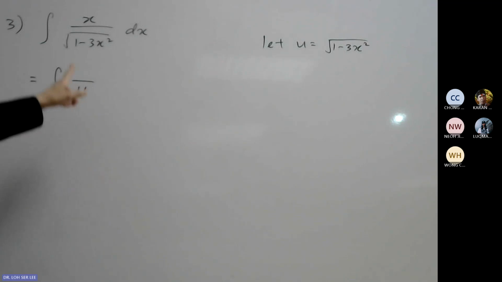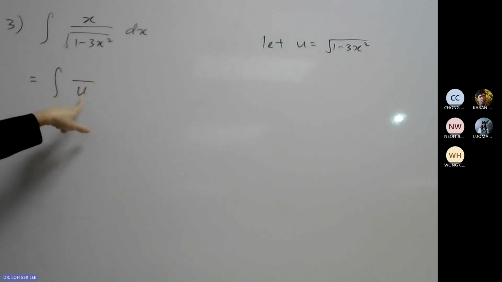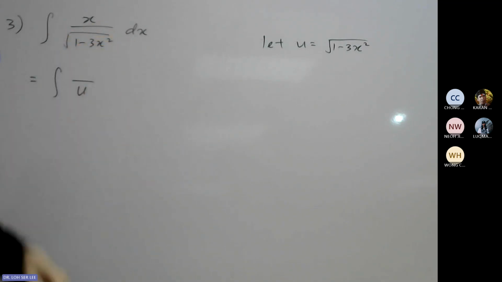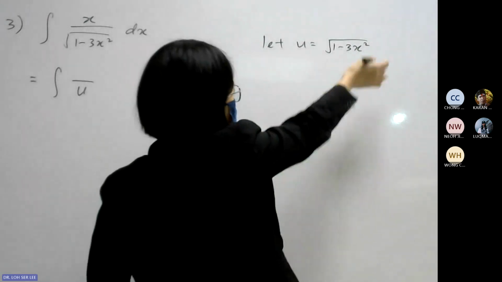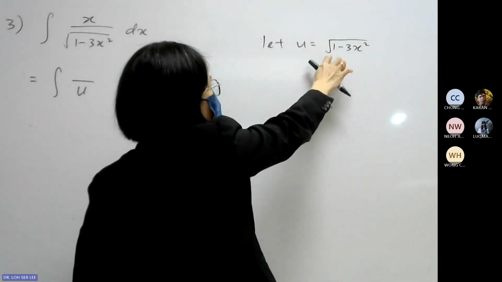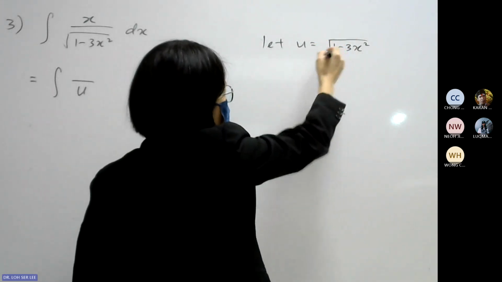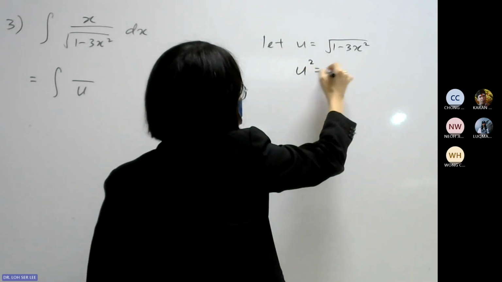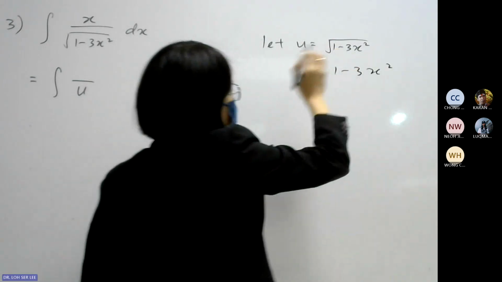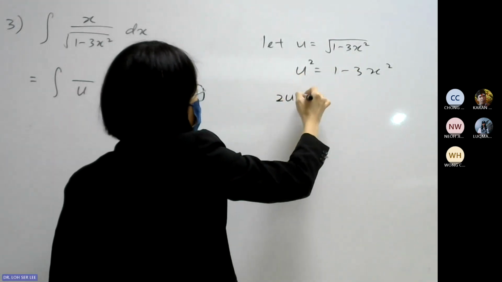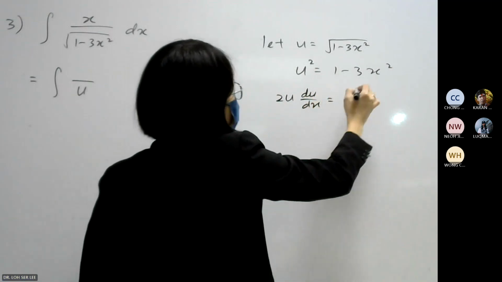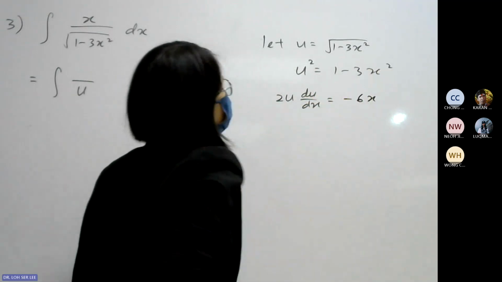Okay, the 1 minus 3x squared is your u, and we need an x dx. So we get it from here. Now we get rid of the square root by squaring both sides. Apply implicit differentiation to u with respect to x, du dx. It is negative 6x.